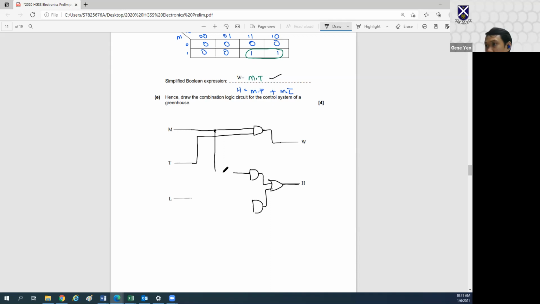This is my M. T complement though, so I need a NOT gate here, like this. So this is M and T complement over here.